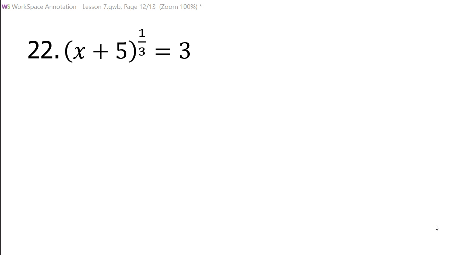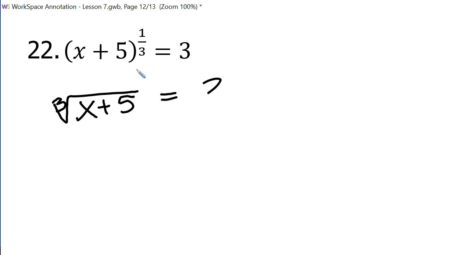Change it to radical form. So what goes under my radical? X plus 5. What root are we taking? The 3rd root, so I have to put the 3 there. What power do I raise it to? 1st. Do I have to put the 1st power? No. And this equals 3.